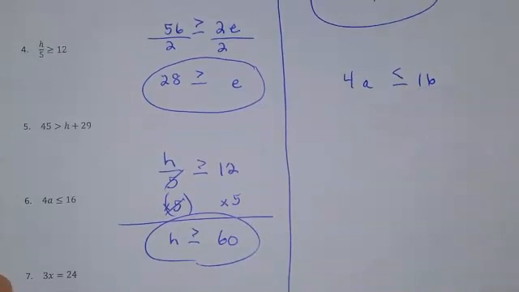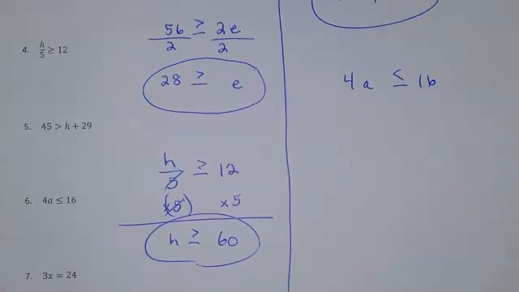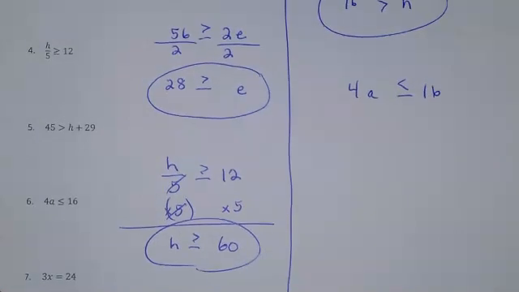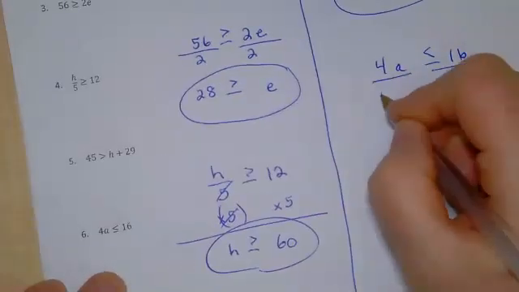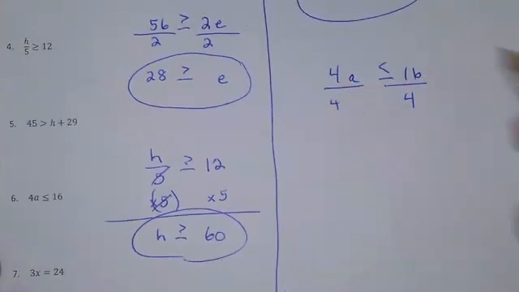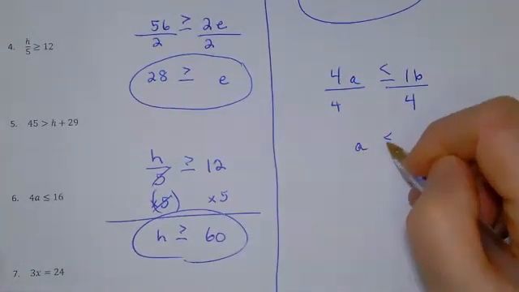4A is less than or equal to 16. How do I get rid of the 4? What's the opposite of times by 4? Divided by 4, on both sides. So now I got 4/4, which just means 1. So I have 1A left there.